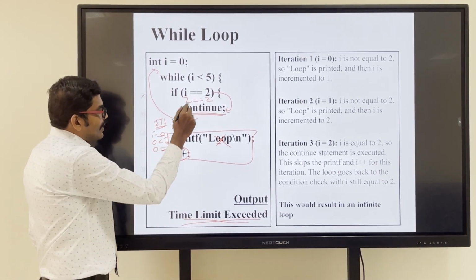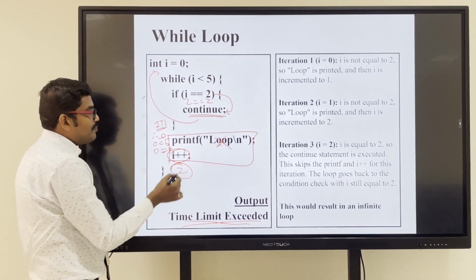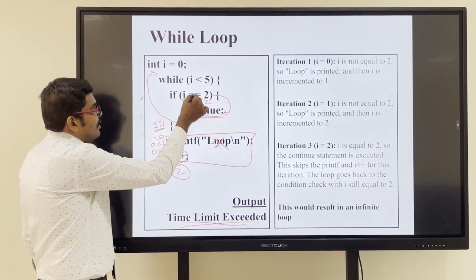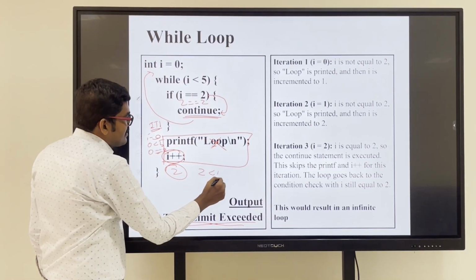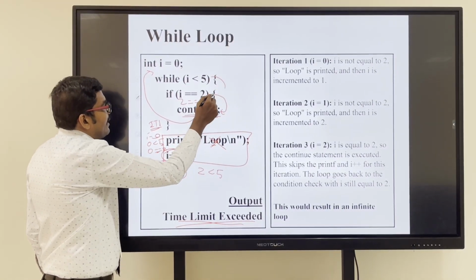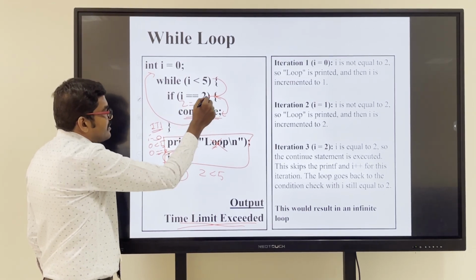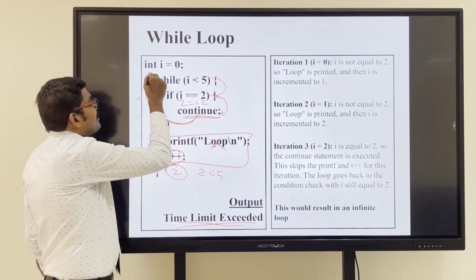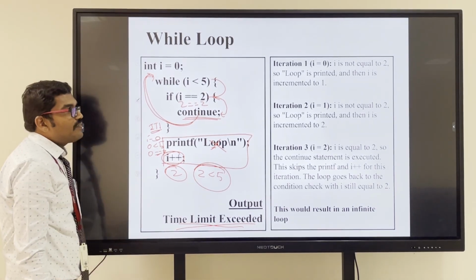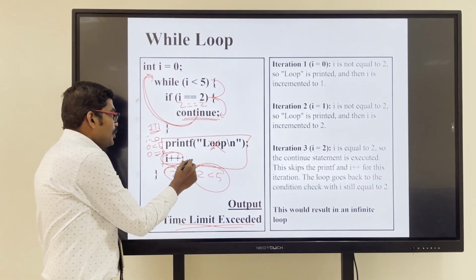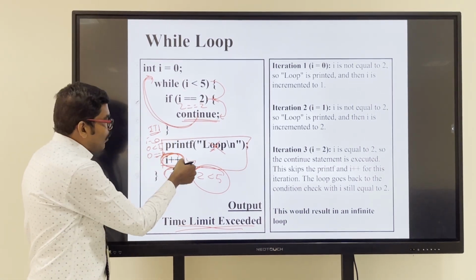So i is still 2, and it won't change because it never comes here. Now the execution goes: 2 less than 5, condition true, i is 2, again it checks, continue, and again it goes to the beginning. So this forms an infinite loop, because we never perform the increment operation, since it is outside.